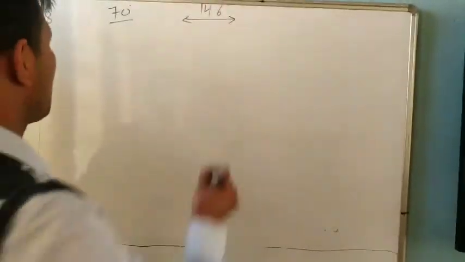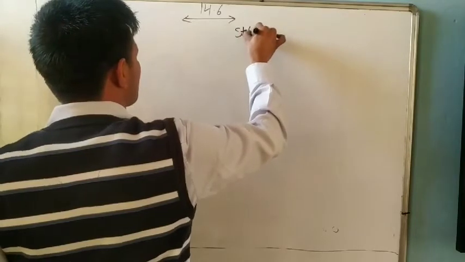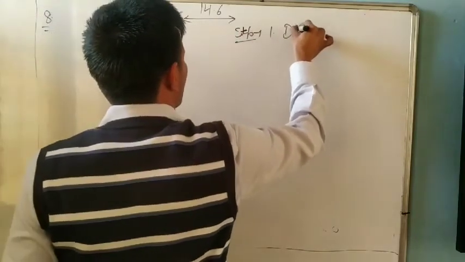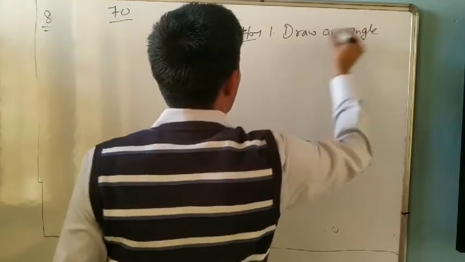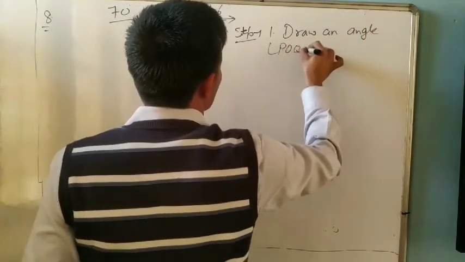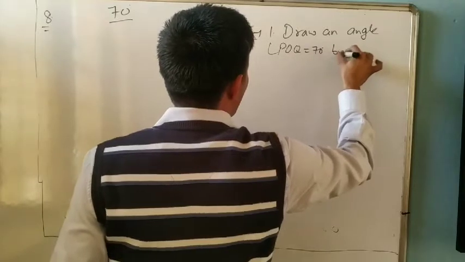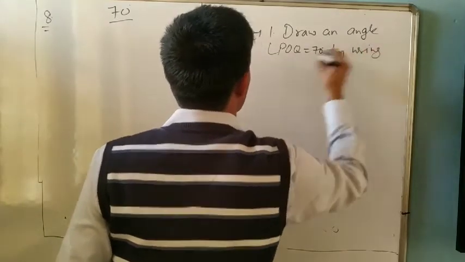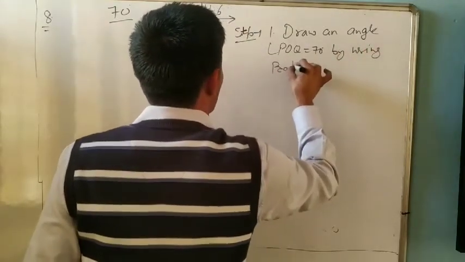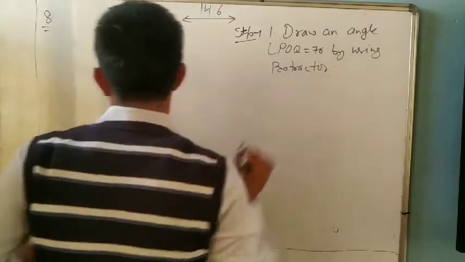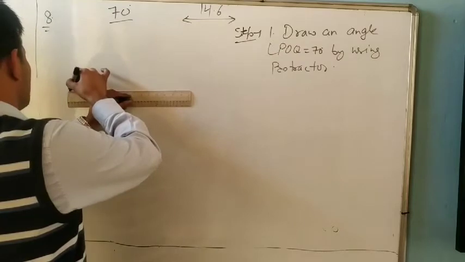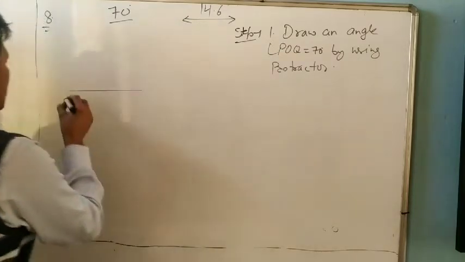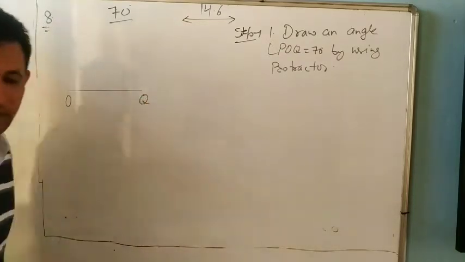So first step we will write: draw an angle POQ 70 degrees by using protractor. So first we will make POQ 70 degrees. It is O, it is Q, and how much angle? 70 degrees. We will make it.